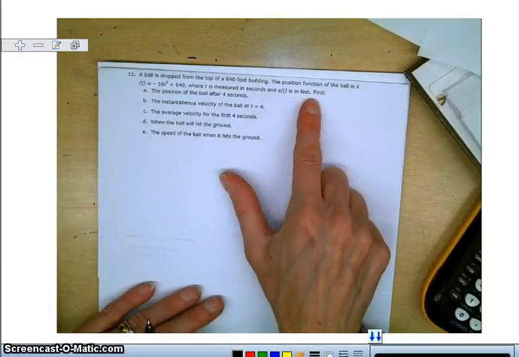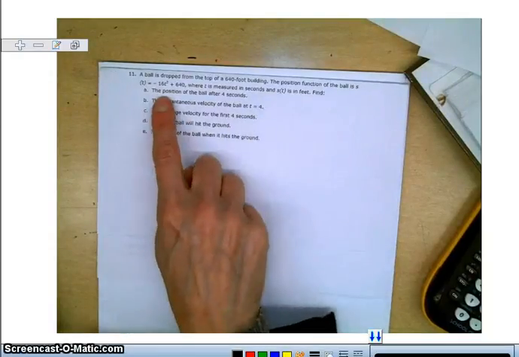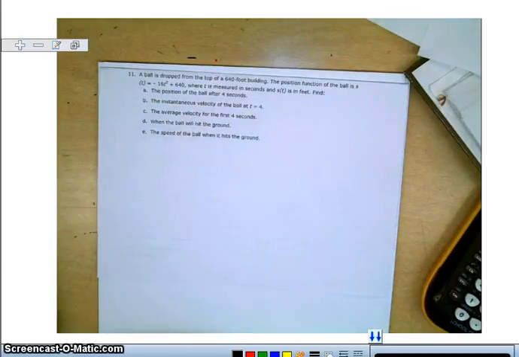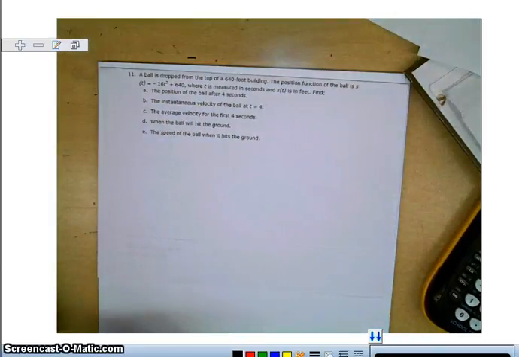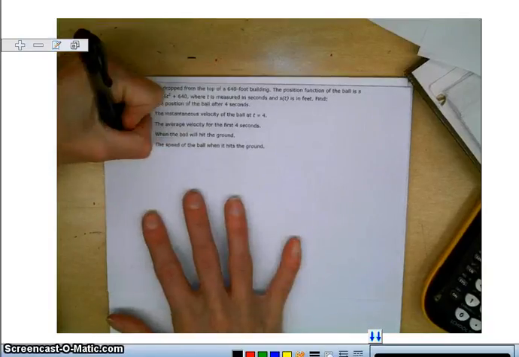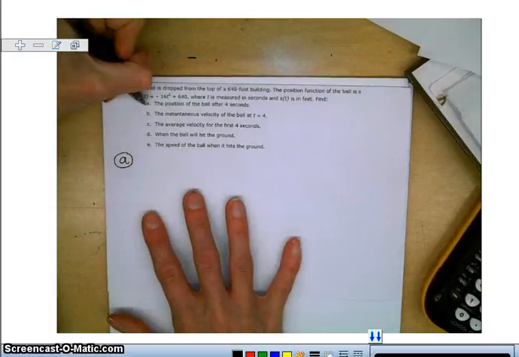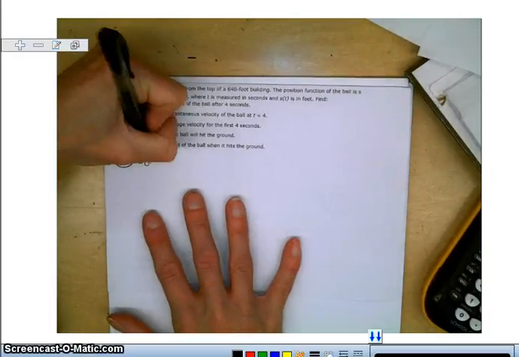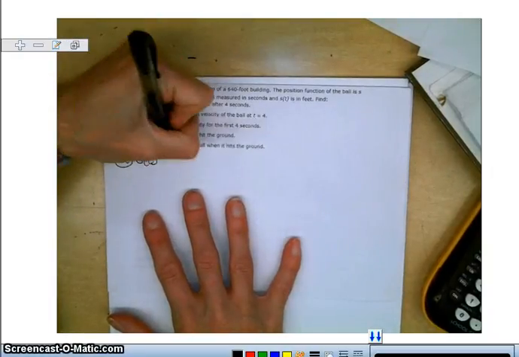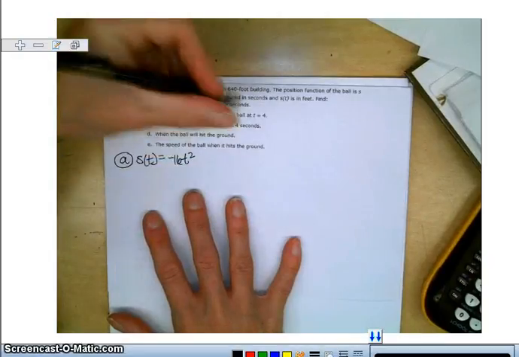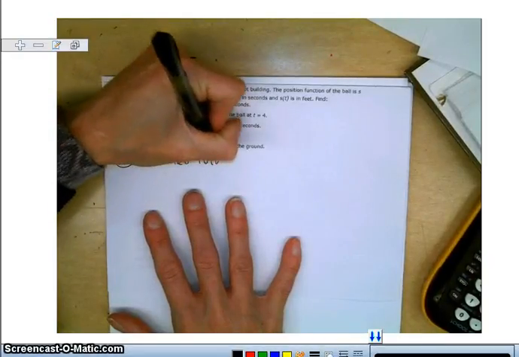And then it says find, part A, the position of the ball after 4 seconds.